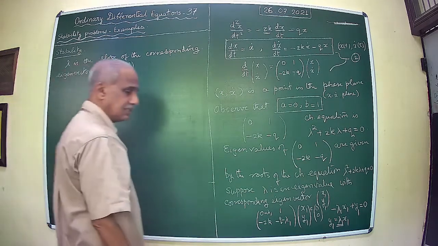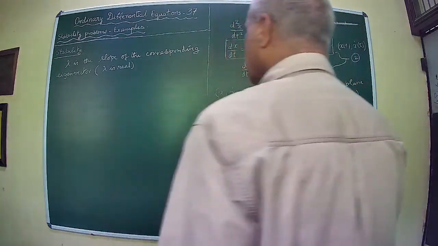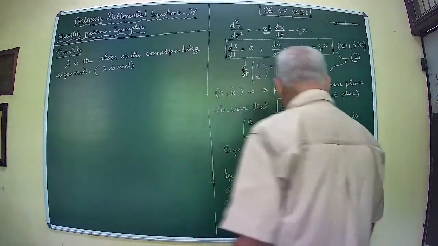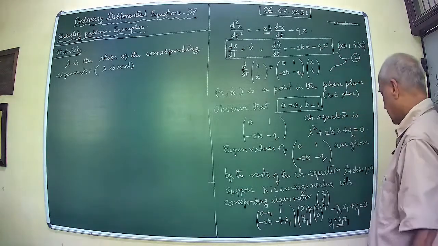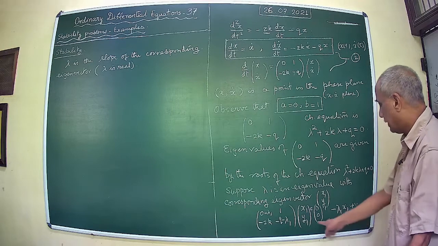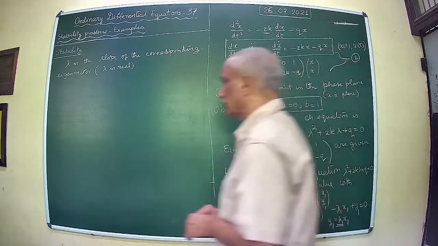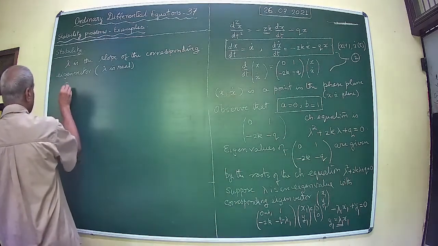Assuming this lambda is real. Okay, so whenever lambda is real, from this you see that this is something like y is equal to mx, or you see that what is the characteristic corresponding to that? It's a rectilinear characteristic.